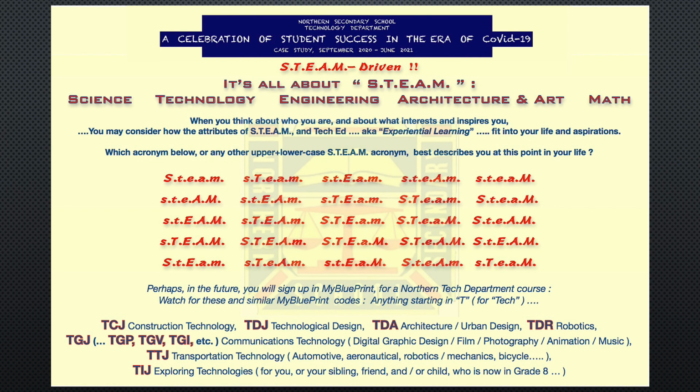So you can look at that list and the various acronyms and ask yourself, kind of like a Myers-Briggs thing, which combination of letters best represents me? And then down below that are our courses. They basically fall under the TCs, which is any course starting in T, technology. You've got construction, you've got tech design, you've got transportation, and so forth.